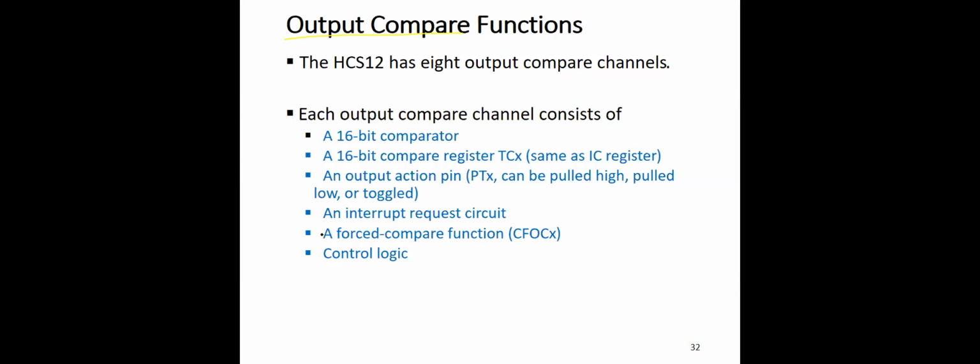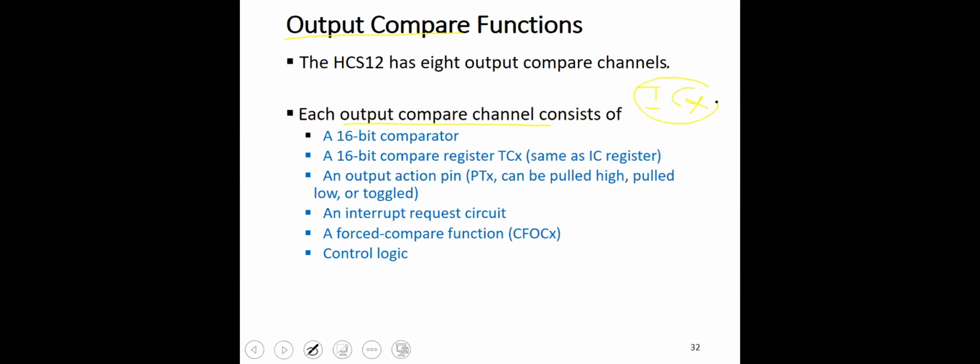So each of the output compare channels are basically the IC channels from port T, port pin T0, pin 1, 2, and so on. These are the same pins for the input capture.